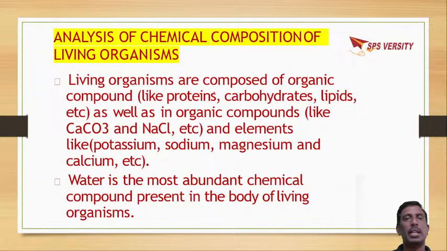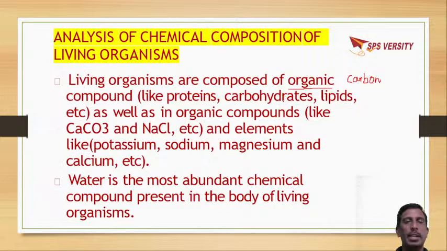So when you come to analysis of chemical composition of living organisms, living organisms में organic compounds रहता और inorganic compounds भी रहता. Organic means which are associated with carbon. The carbon compounds are called organic.